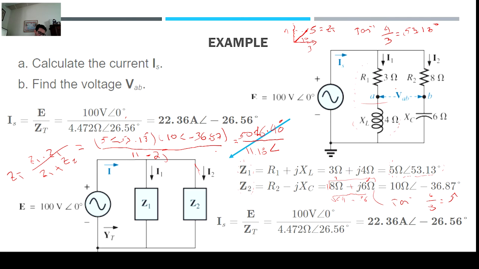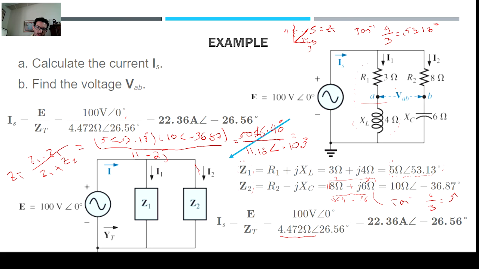And that gives us negative 10.3 degrees. Okay, so the total impedance is 50 divided by 11.18. So 50 divided by 11.18 is 4.47. Yes, this is what we get here.